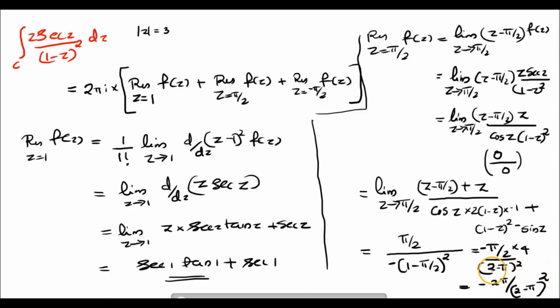Now let's calculate the residue at z equal to minus pi by 2. Residue at z equal to minus pi by 2 of f of z equals limit z tends to minus pi by 2 of (z minus (minus pi by 2)), that means (z plus pi by 2) into f of z, which is z sec z.